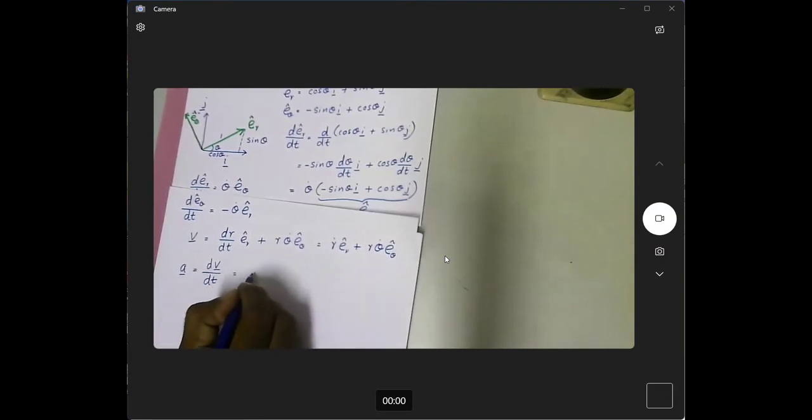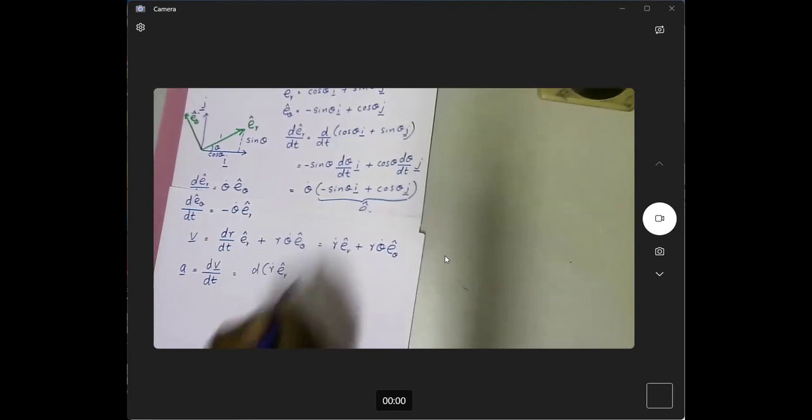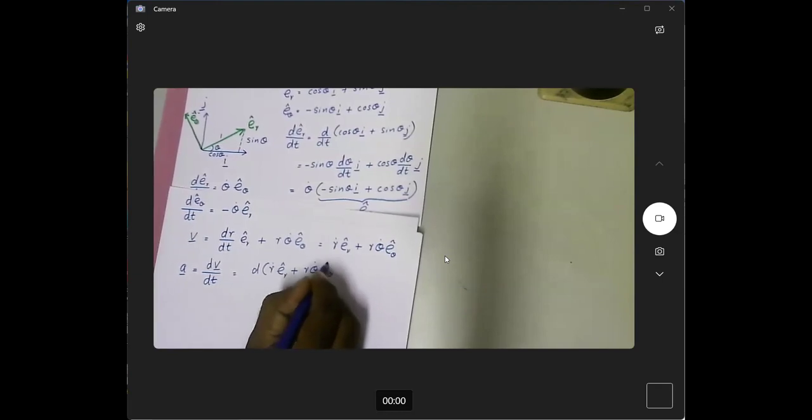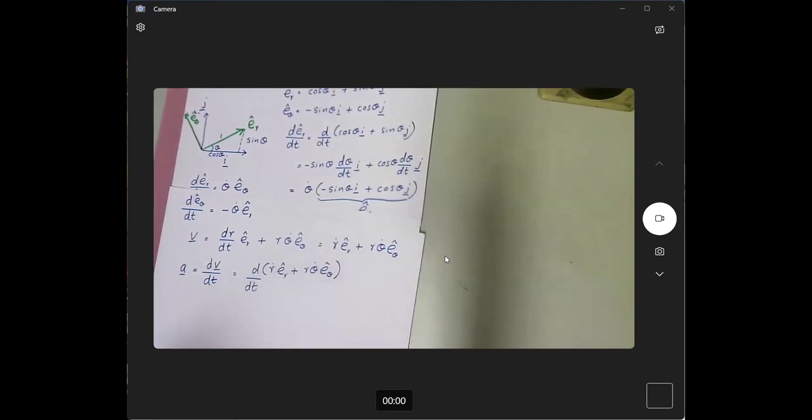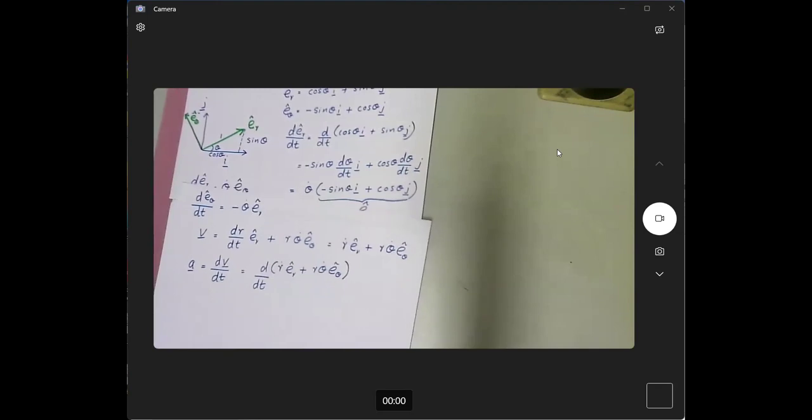So what we have is d of r dot e_r plus r theta dot e_theta. So try to find the acceleration using polar coordinates.